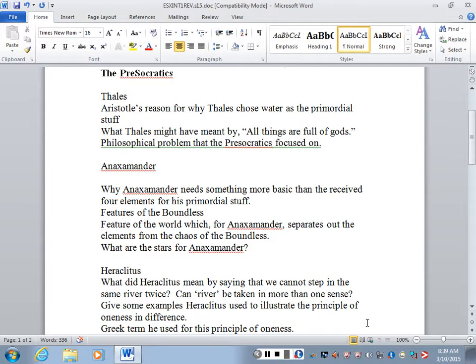It's like the gods are in something rather than being external agents that interfere, like Zeus would make the rain. So the idea is that by saying all things are full of gods, he was really hinting toward a naturalistic explanation of things, looking for causal principles in things.